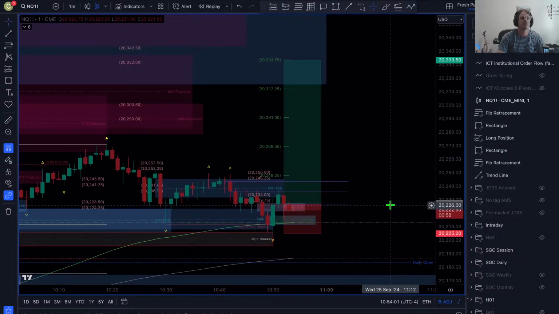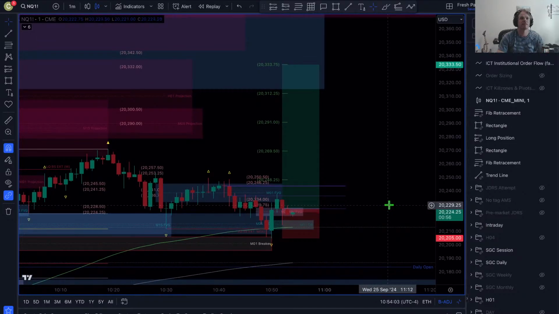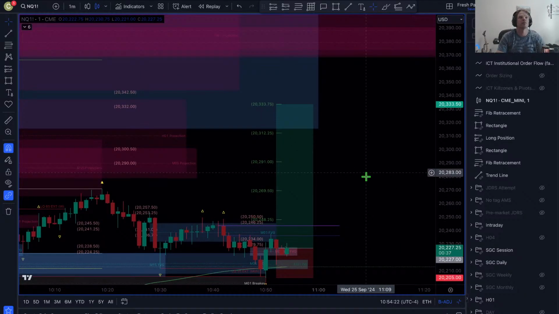That's not a good close on the M1 for my trade. The next one would be 291. And then the final would be 2033.